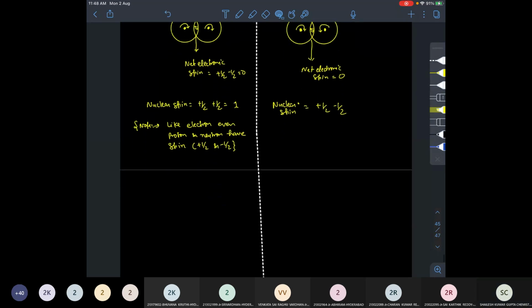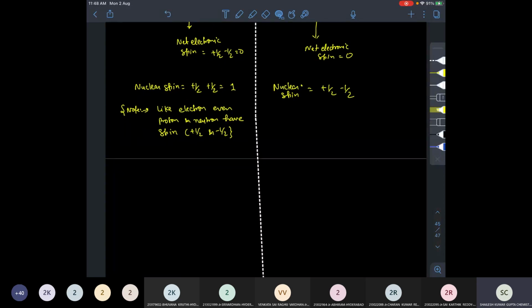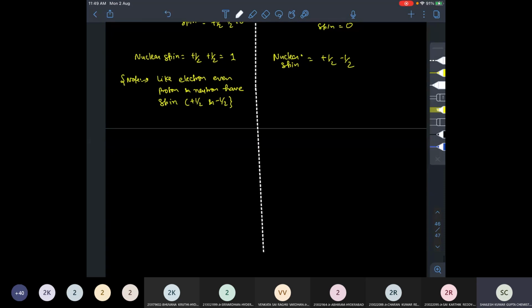What are those? The melting point, specific heat capacity, vapor pressure, conductivity, all of these are different for these two isomers.